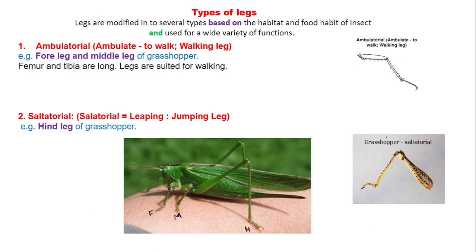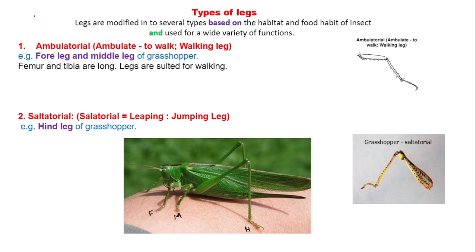See different types of insect legs. In insects, legs are modified into several types based on the habitat and the food habit of the insects. In relation to the habitat, when the insect is aquatic, they develop aquatically suitable legs. When the insect is terrestrial, then they develop terrestrially suitable legs.